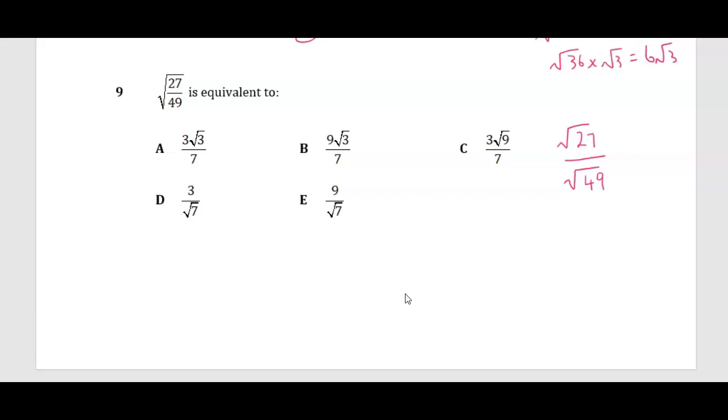Okay, the square root of 27, the highest square number that goes into 27 is 9. So we're going to have 9 times 3. And then on the bottom, square root of 49 is 7. Square root of 9 is 3. So we've got 3 root 3 on the numerator and 7 on the bottom. 3 root 3 over 7. There we go. Option A.